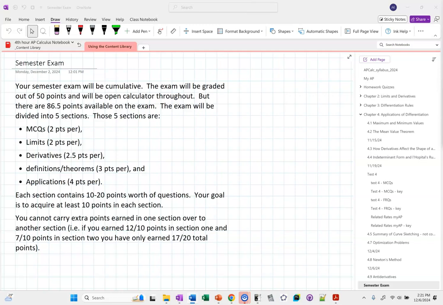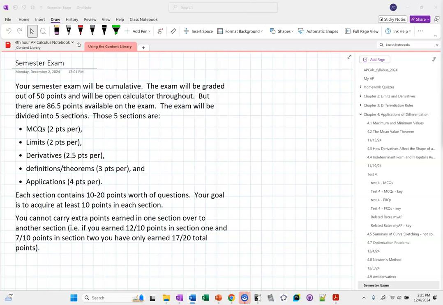So you could see antiderivatives, especially related to velocity, position, acceleration. Max and min. Yep. Concave up, concave down, inflection point, all that stuff I think is fair game as application problems. That probably about sums it up.